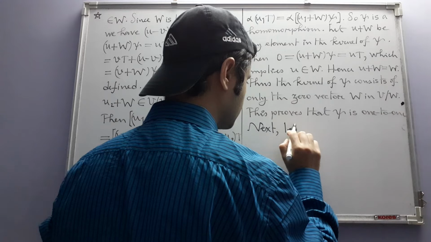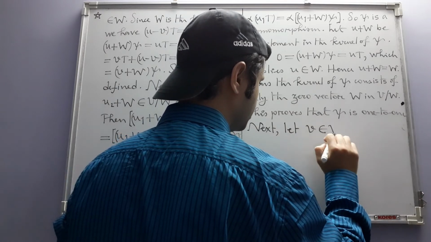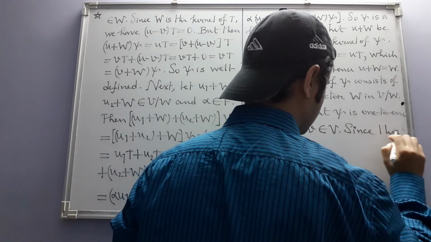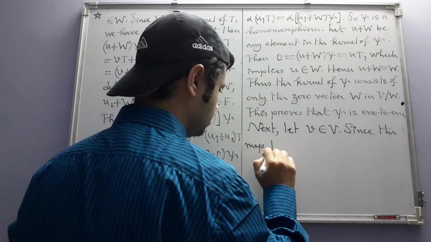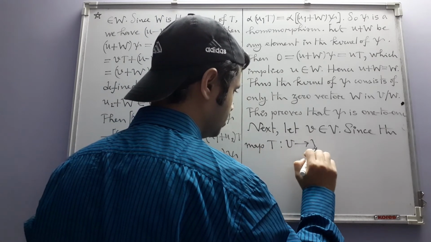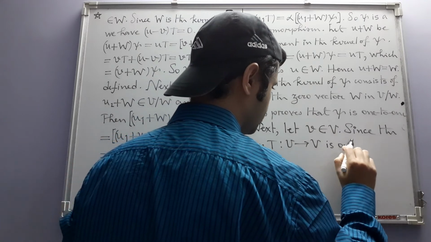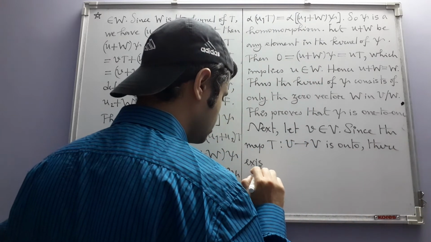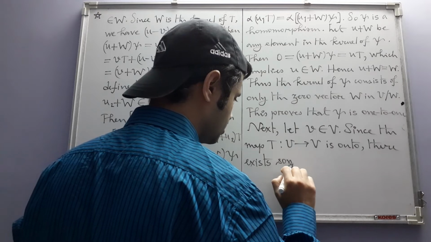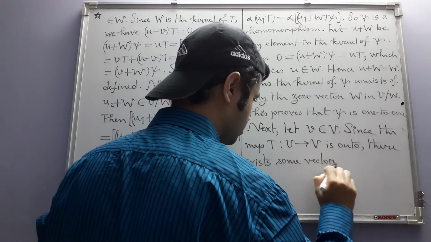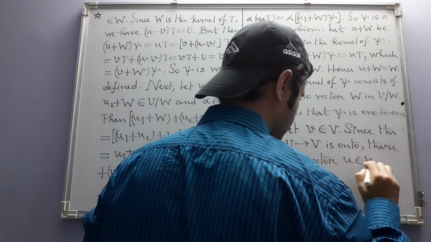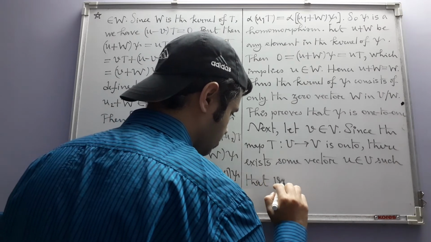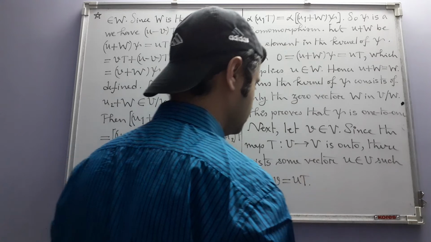Next, let V be any element in V. Since the map T from U to V is onto, there exists some vector U belonging to U such that V is the T image of U.